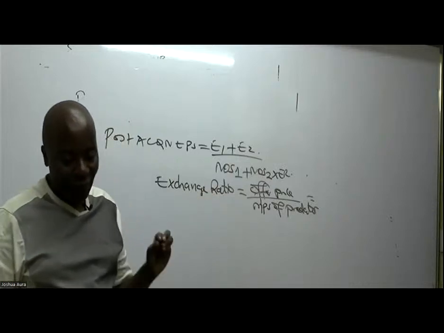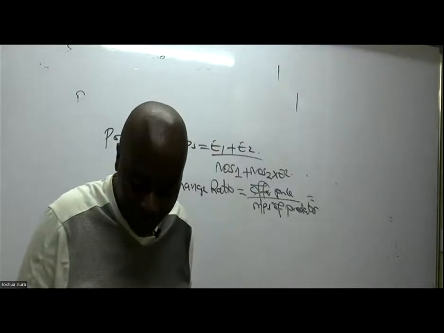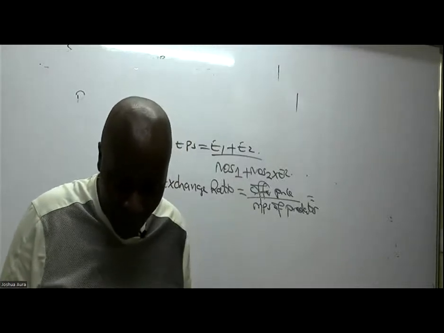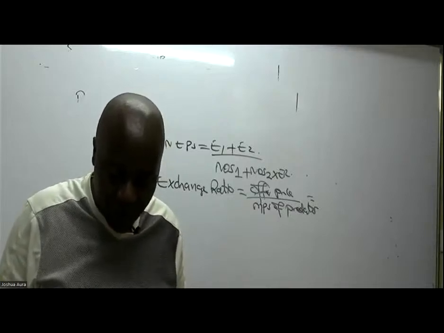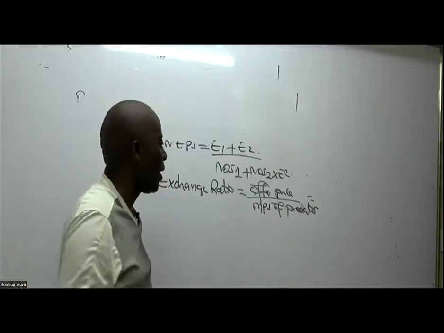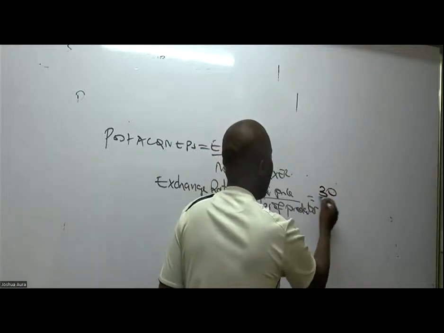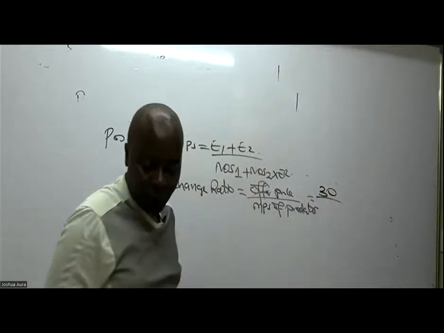The offer price here is Kenya shillings 30, so I'll take 30 and divide it by the MPS of the predator.